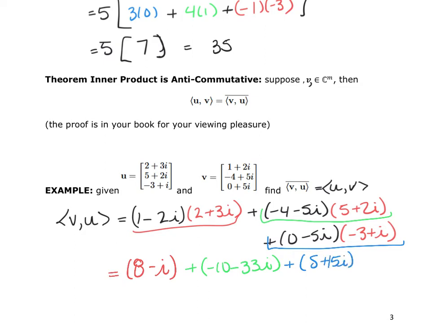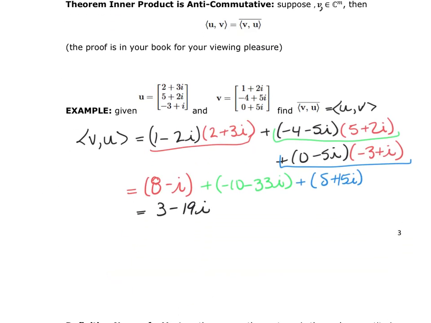Now when I add all these together, I end up with 3 minus 19i. Now that's what the inner product of v, u is. Now to do the conjugation of that, this will be 3 plus 19i, which is what we had before.